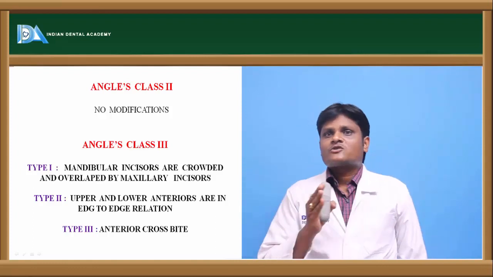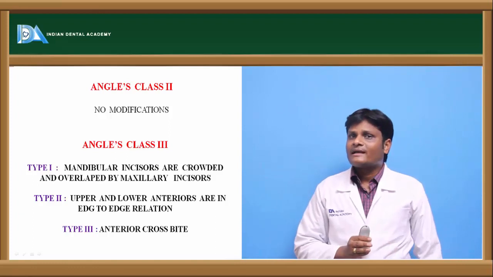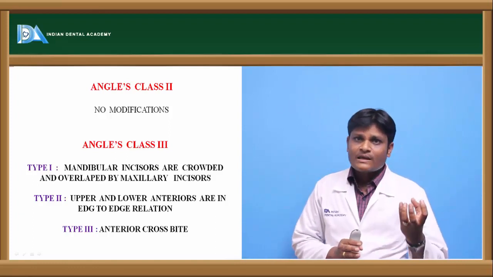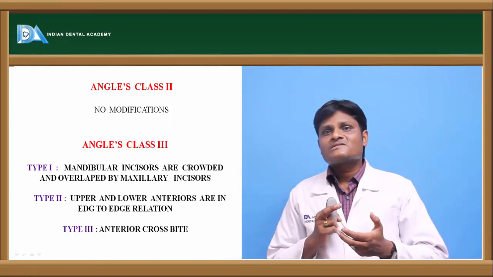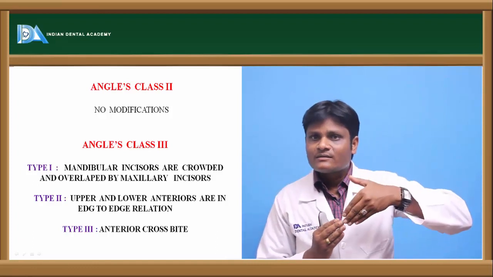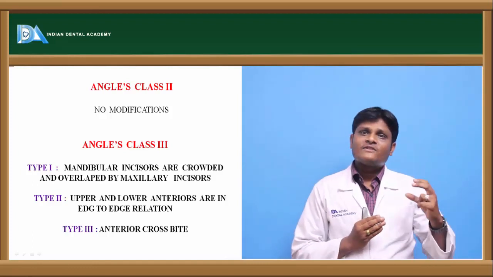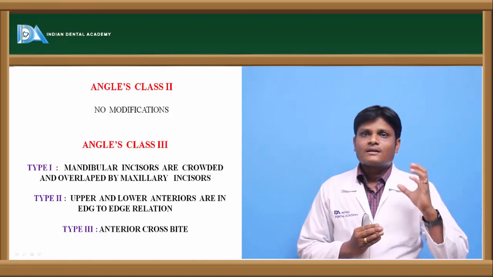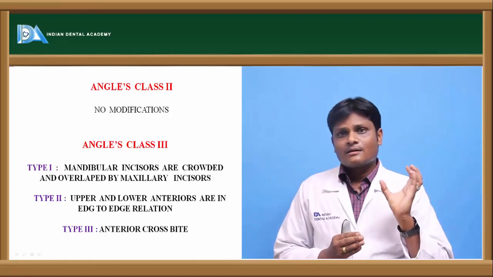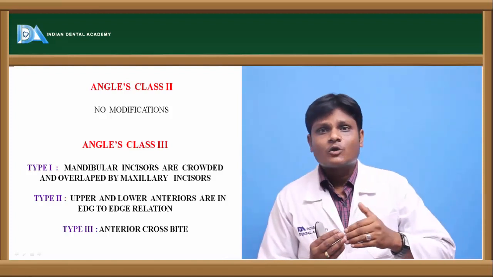Type 2 of Angle's class 3 malocclusion indicates that the molar relationship is class 3 and there is an edge-to-edge relationship between maxillary and mandibular incisors, whereas Dewey's modification type 3 indicates that the molar relationship is class 3 but there is a reverse overjet.